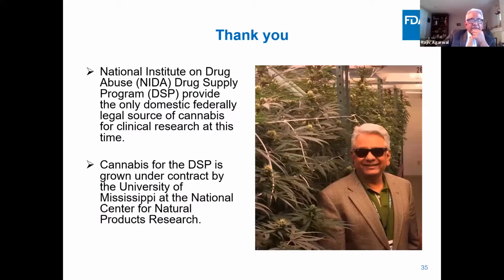They grow indoors, and this is a picture of me next to the plants that are grown indoors. They have a 2-acre site at the University of Mississippi that grows marijuana, and they control all aspects of the product.